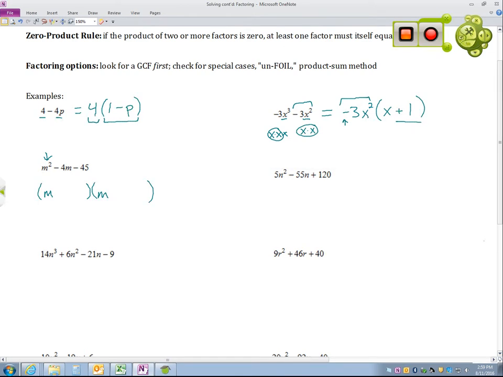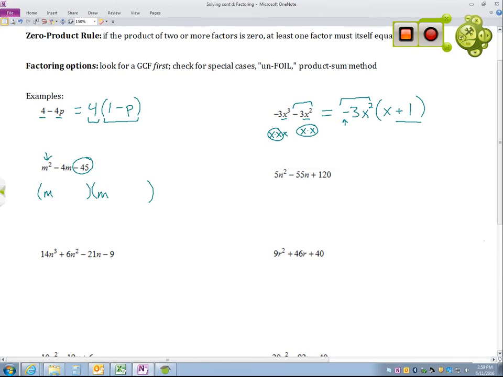Now, the last terms have a product of negative 45. We have some options here. We could do 1 and negative 45, or negative 45 and 1, or we could do 3 and negative 15, or negative 3 and positive 15. We got a couple of options.